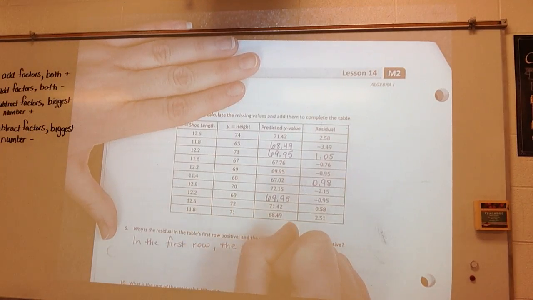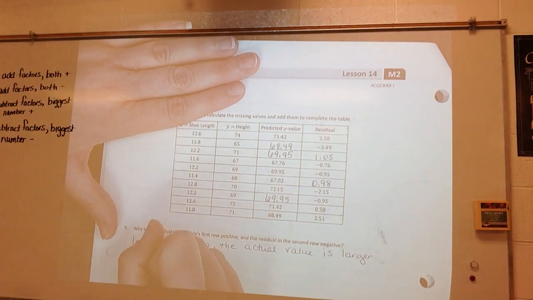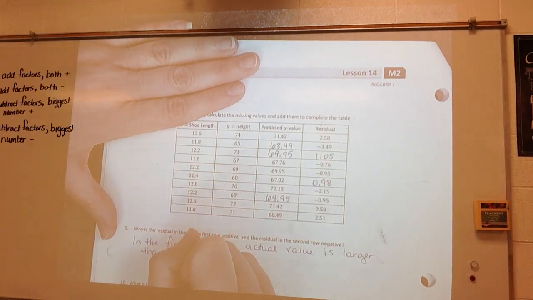The actual value is larger than the predicted value.